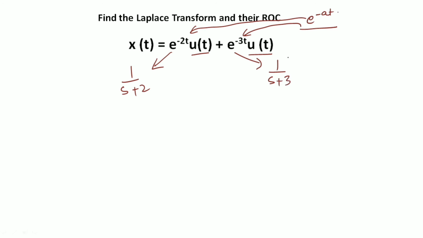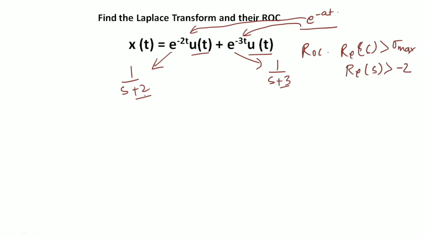Okay, for ROC we know that for the right sided signal the region of s will be greater than phi max, and we have poles here at minus 3 and minus 2. Which one is maximum? Obviously minus 2. So the region of convergence will be greater than minus 2.